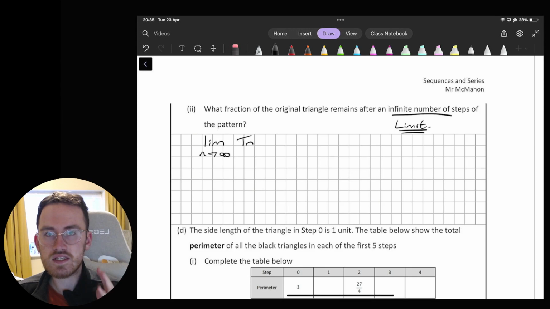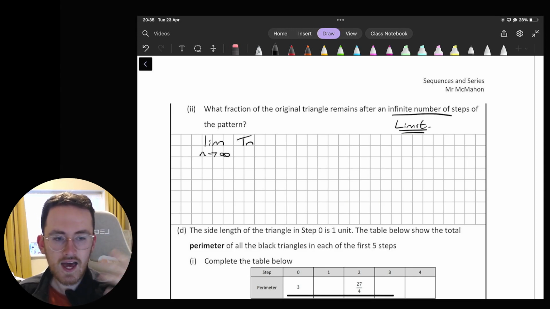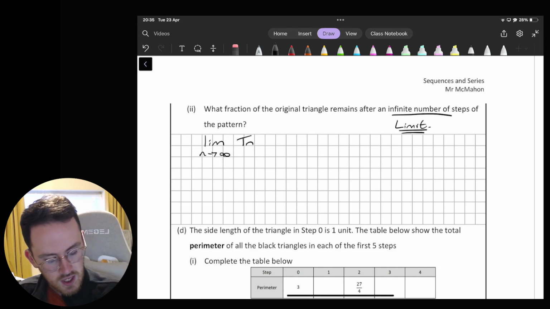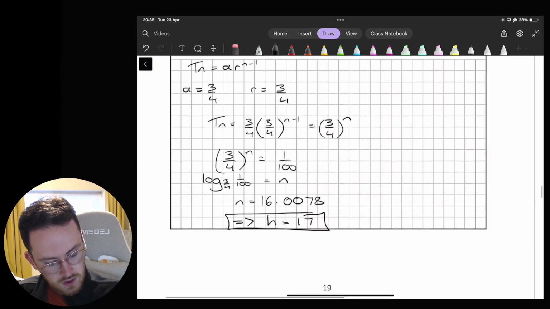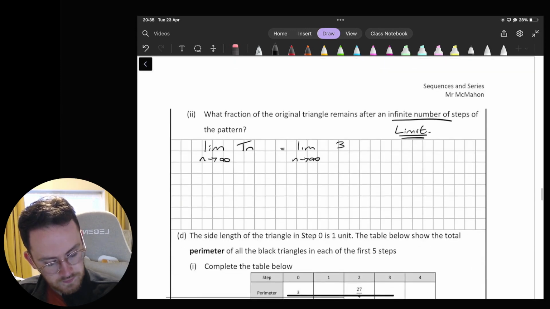What's the end result of my sequence? What value am I getting towards? This is what we said at the start. If I keep taking fractions of my triangle, how much am I even going to be left with? So that's going to be the limit as n goes to infinity of 3 over 4 to the power of n.